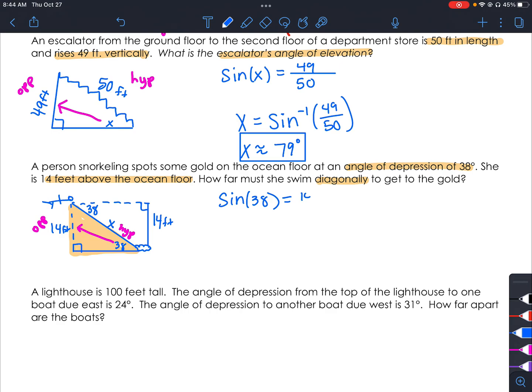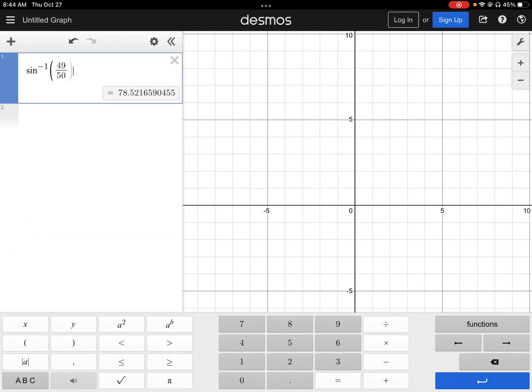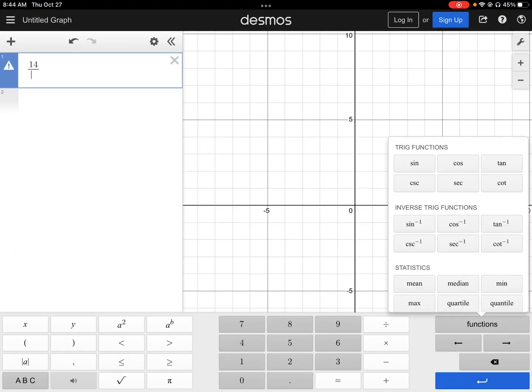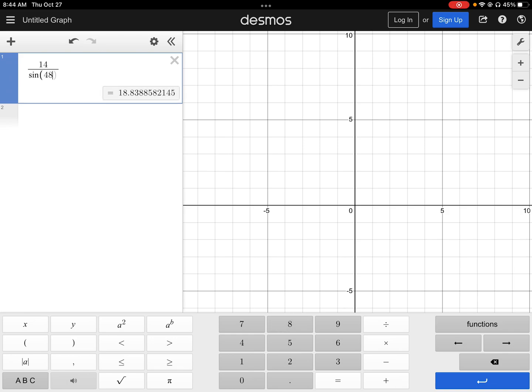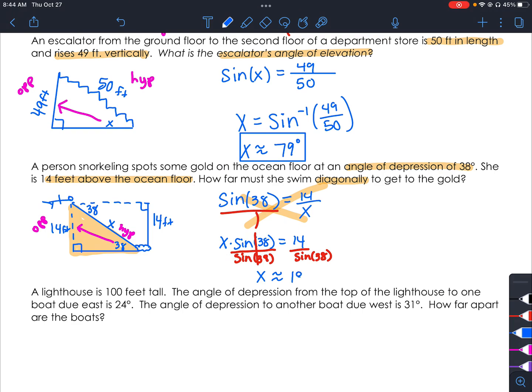Again, pause this video so you can work this out at your own pace. 18.84 feet.